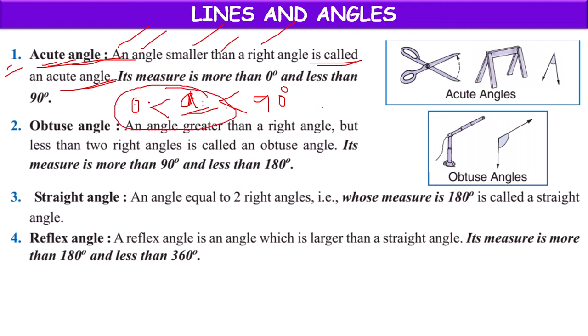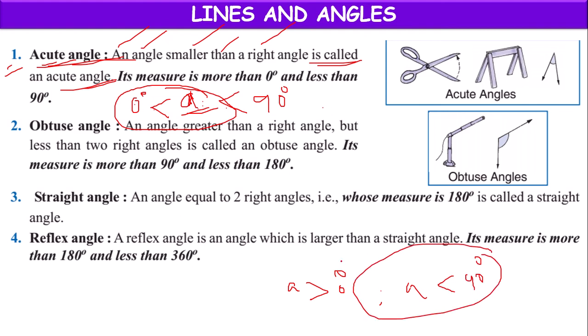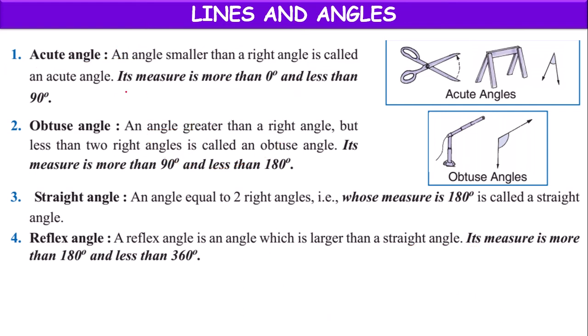Indirectly, a is greater than 0 degrees and a is less than 90 degrees. These two relations are combined and written as 0 less than a less than 90, meaning the acute angle lies between 0 and 90. So its measure is more than 0 degrees and less than 90 degrees.